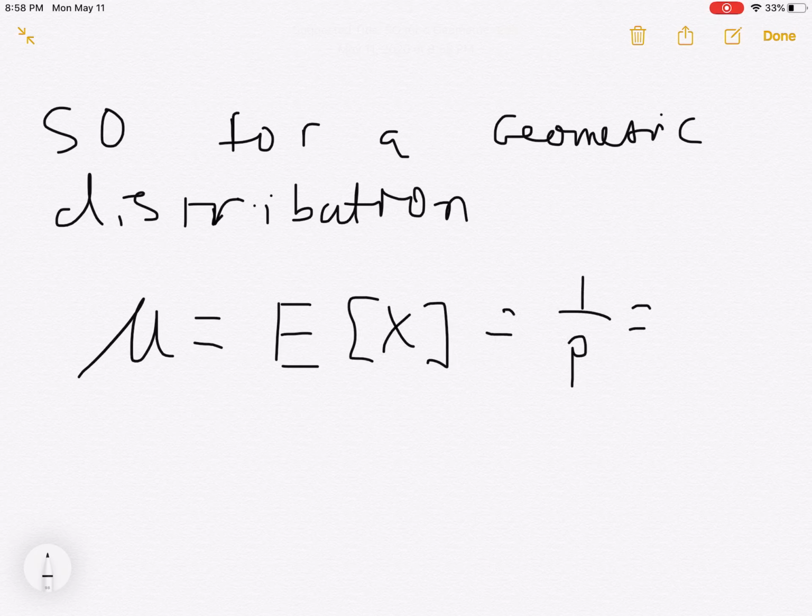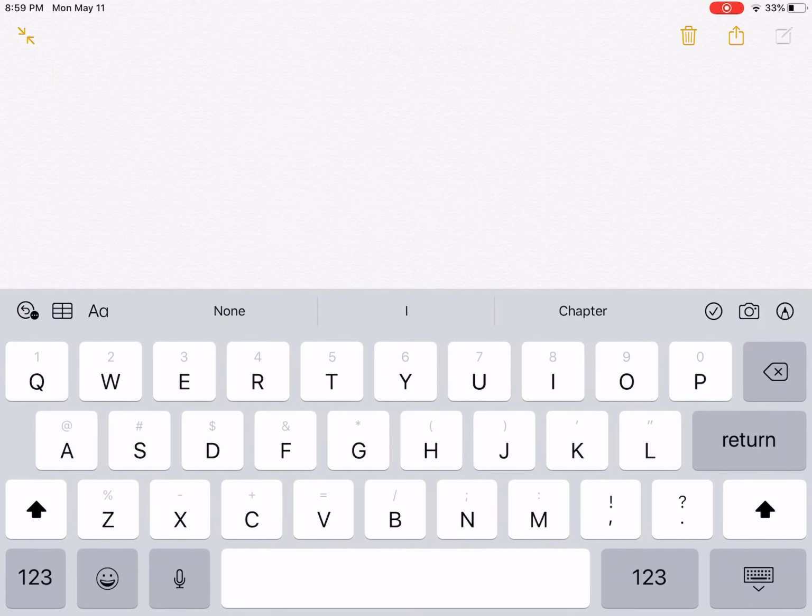And in this instance, this is 1 over 0.8. And that's how many missiles the government should expect to launch. Now, there's another way to get this value. Remember, here's an alternative solution.